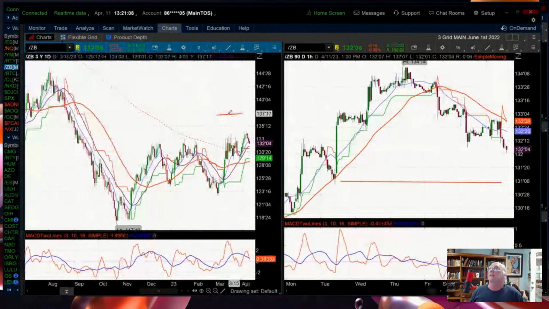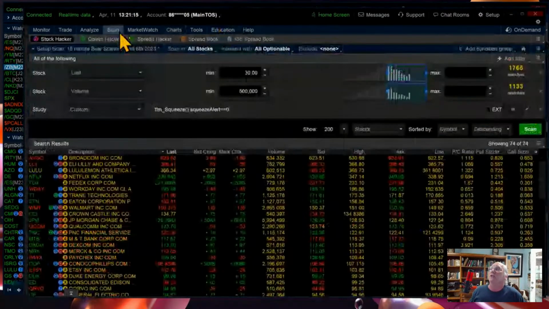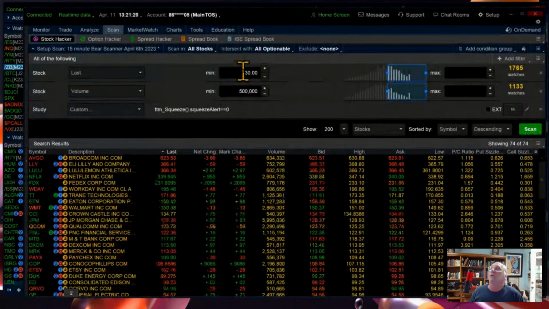If you start seeing, let's say, GME and AMC and a lot of that schlock stuff go up, then I'm going to look for channels on smaller stocks. So I would change this instead of bigger stocks. I'd be doing this. I'd probably go from 5 to 30.